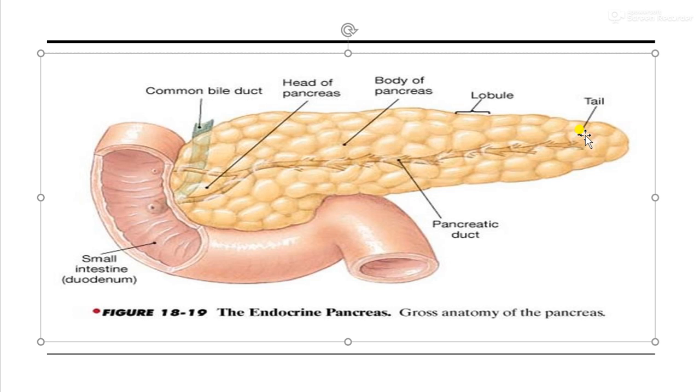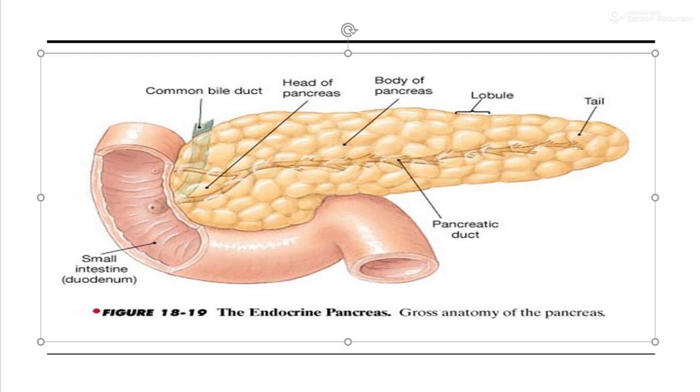The pancreas is unique in that it is both an endocrine and exocrine gland. In other words, the pancreas has the dual function of secreting hormones into the blood and secreting enzymes through the duct.